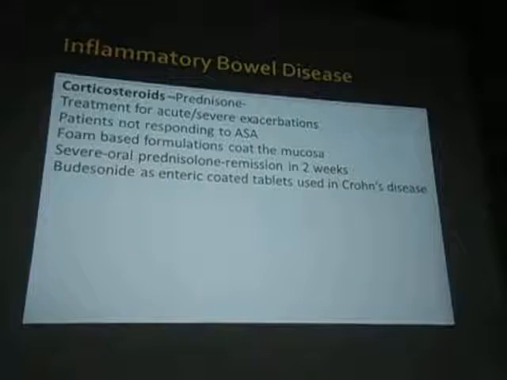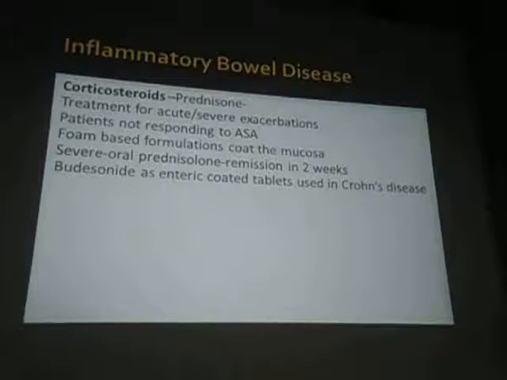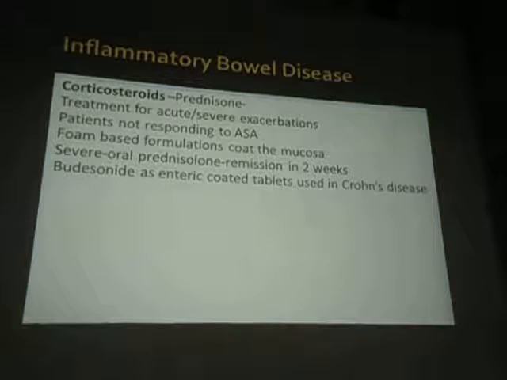Corticosteroids like prednisolone are used for acute and severe exacerbation of these diseases and in patients not responding to amino-salicylic acid and foam-based formulations. If it is used along with it, you can coat this mucosa and help. And with prednisolone, we can get a response in about 2 weeks. Budesonide, again one more steroid, is used as a coated tablet for Crohn's disease.